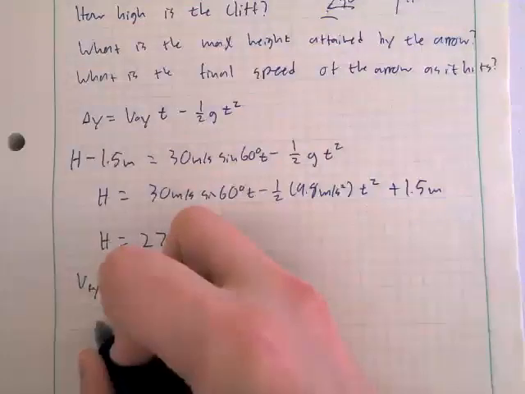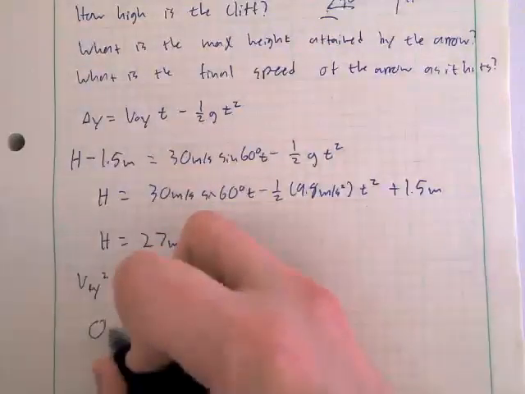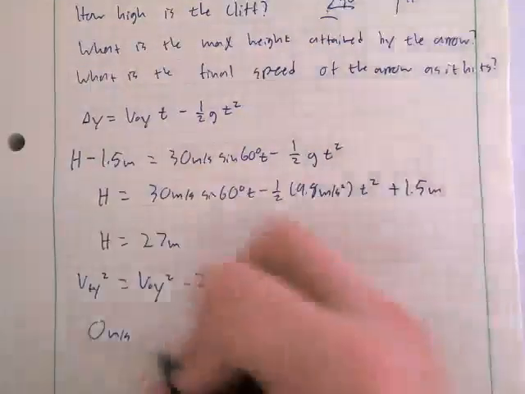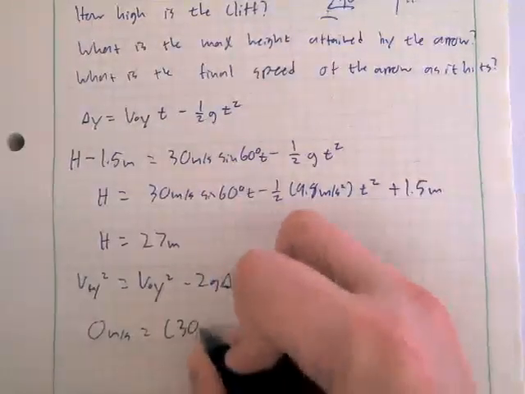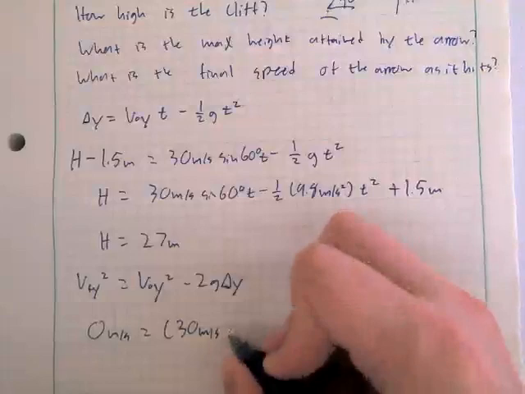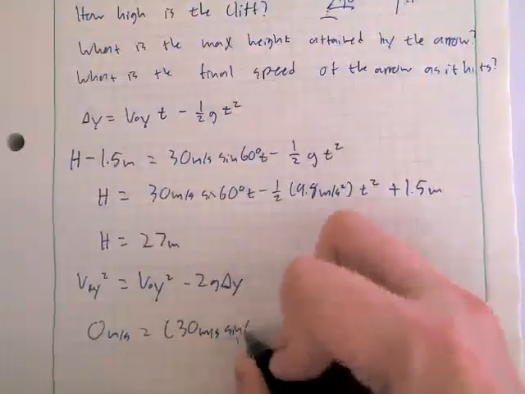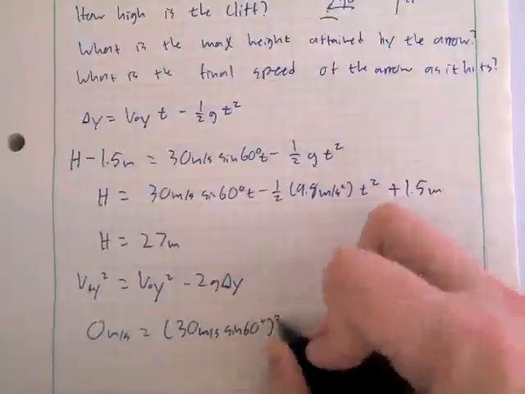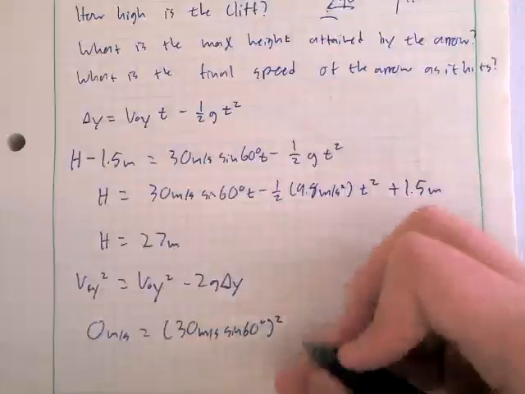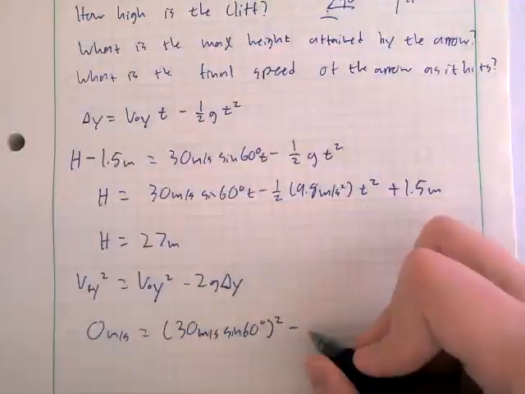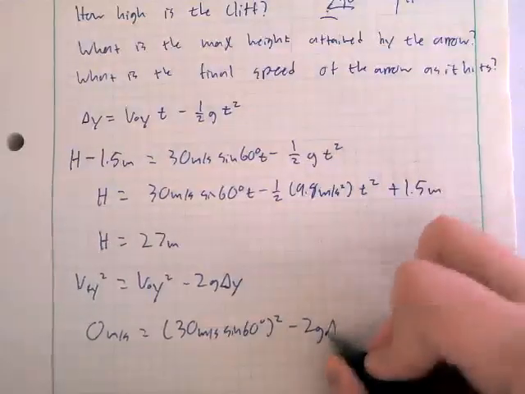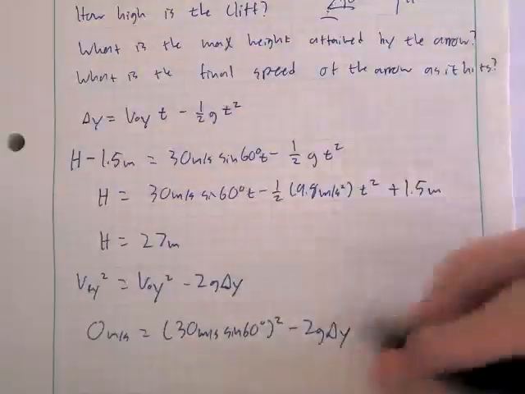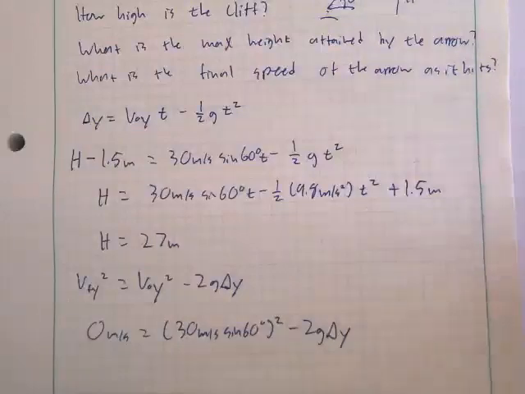If we set our final speed to be 0 meters per second, our initial speed is again what it was before in the y direction, 30 meters per second times the sine of 60 degrees squared, minus 2 times g times delta y. G is again 9.8. Delta y is what we are looking for.